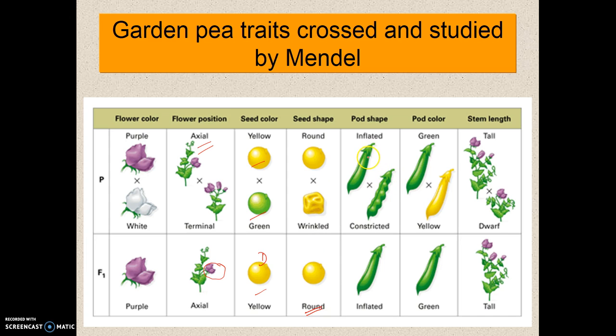Pod shape, peas with inflated pods and constricted pods. So the F1 generation all were inflated with inflated pods. Pod color, green, yellow. Well, F1 generation all had green, therefore green is the dominant trait. Tall, dwarf plants when crossed, all F1 generation were tall, therefore tall is the dominant.